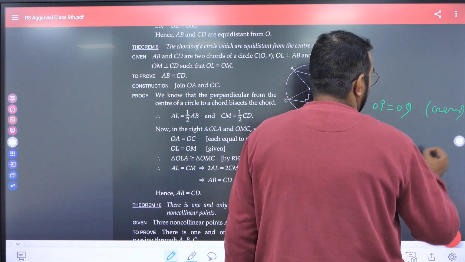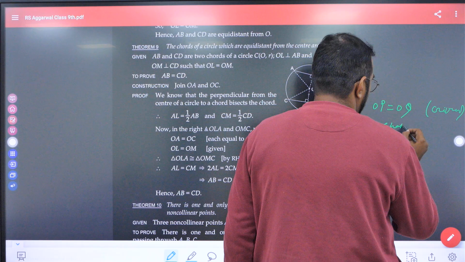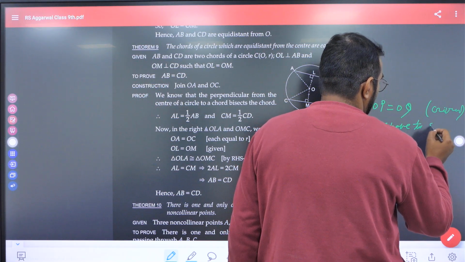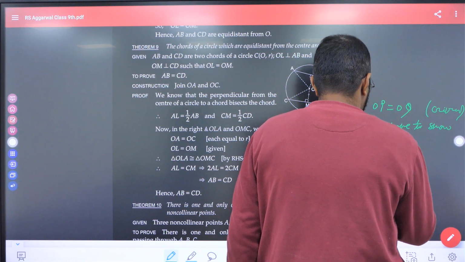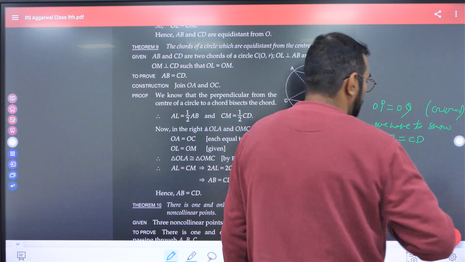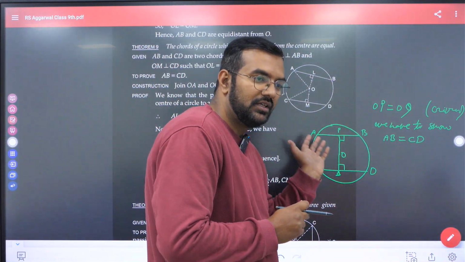And we have to show AB is equal to CD. Okay, just the opposite of the last theorem.